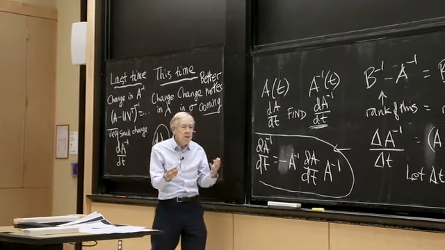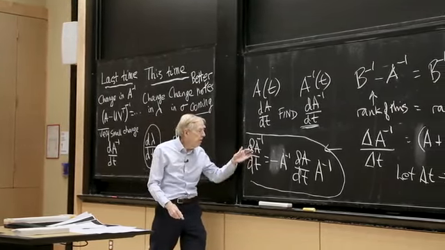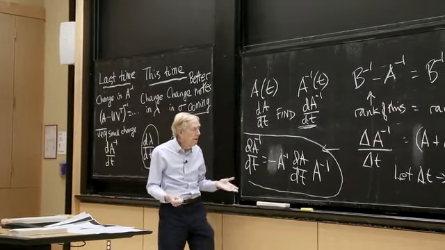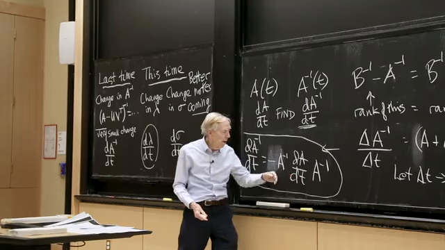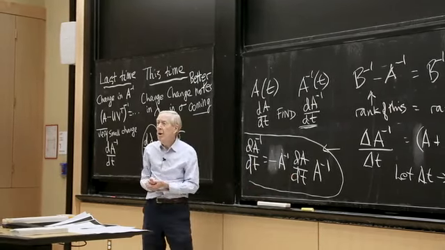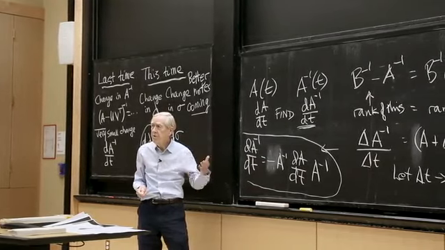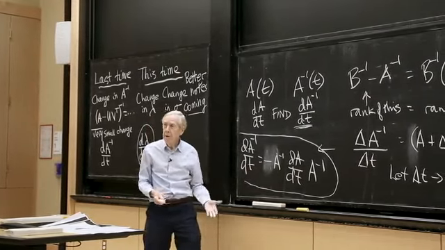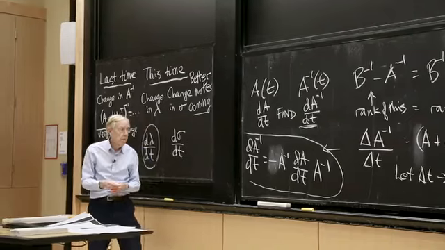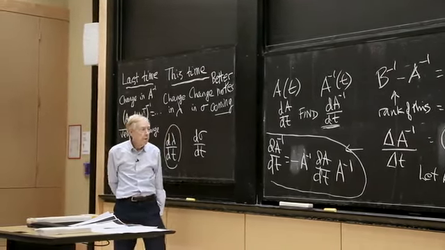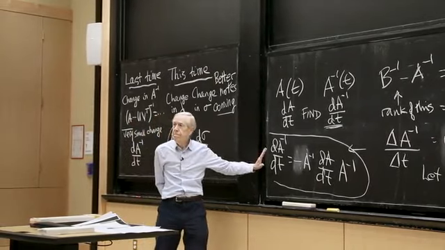If A is just T, then the derivative of 1 over T with respect to T is minus 1 over T squared. Right? In the 1-by-1 case, we know that's what calculus does, and now we're able to do the n by n case. So that's just good.